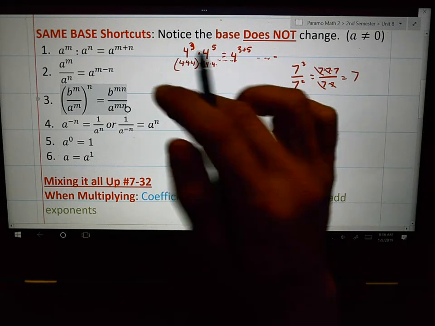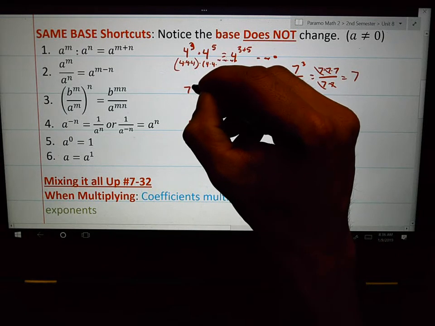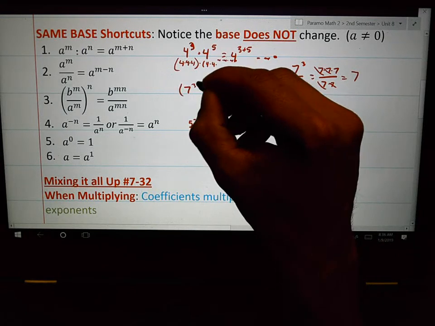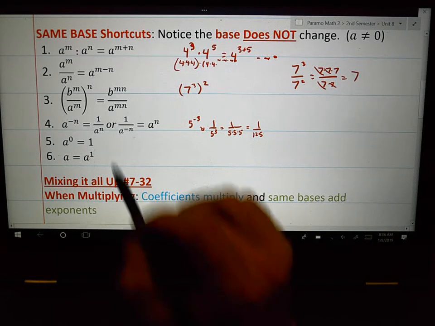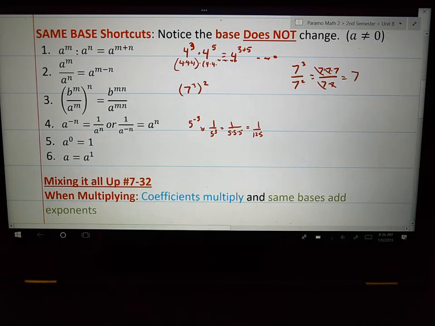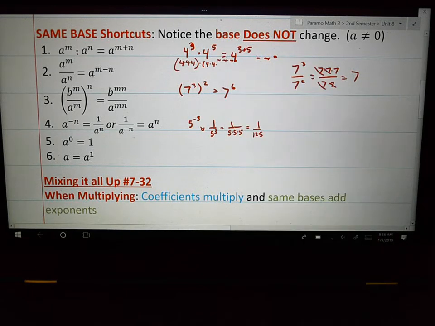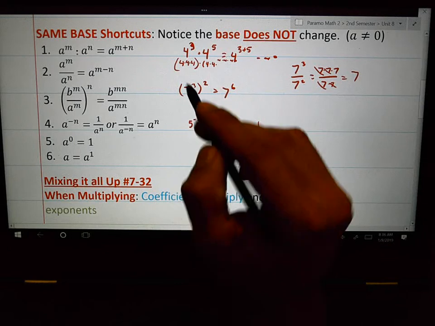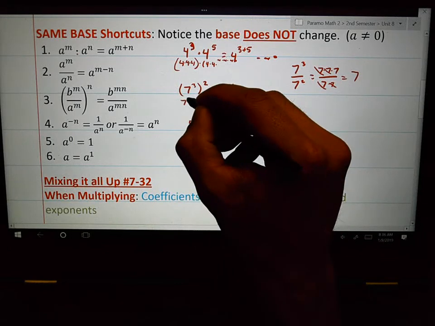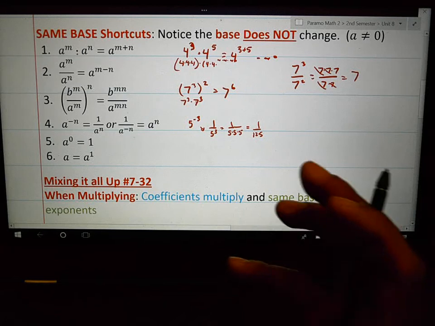So for example, if I had, let's say, 7 to the third power, and I have an exponent outside of parentheses, this shortcut rule says multiply the exponents. 7 to the 6th. When you're multiplying, it's because you have 2 factors of 7 to the third times 7 to the third. There's 2 of them, 2 groups of these.